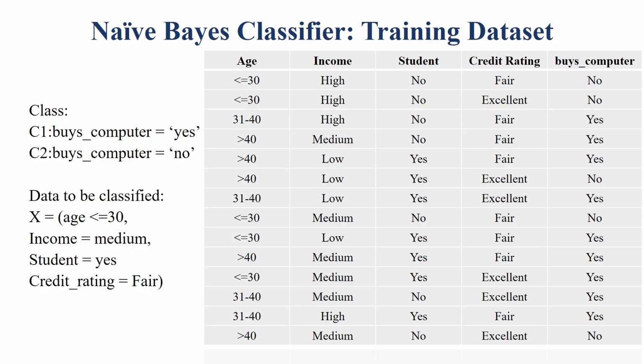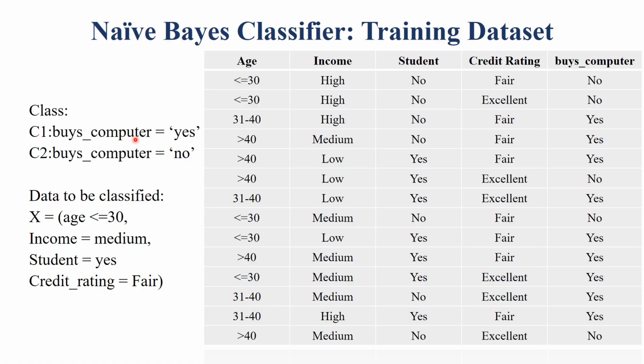Let us consider one problem using this naive Bayes classifier. We have the training data set, which includes various attributes: age, income, student, the credit rating, and the class, whether buys computer equal to yes or buys computer equal to no. There are only two classes, say C1 and C2.